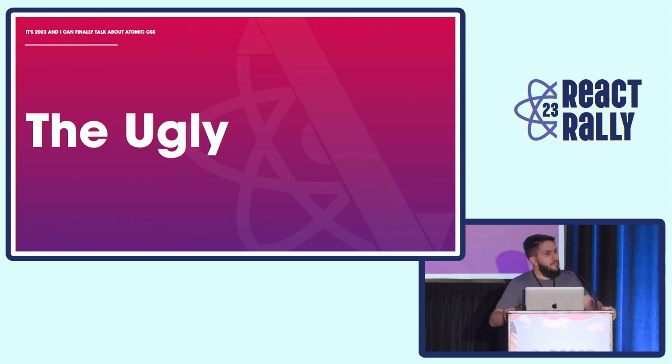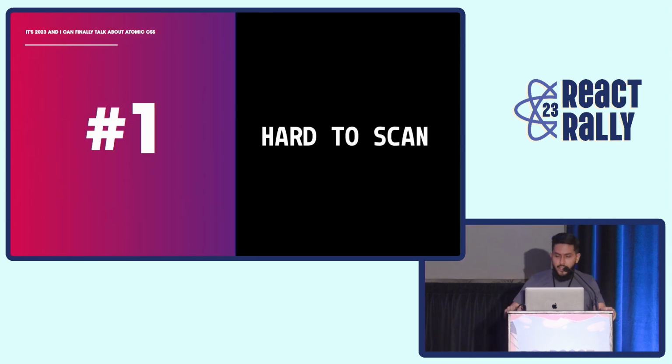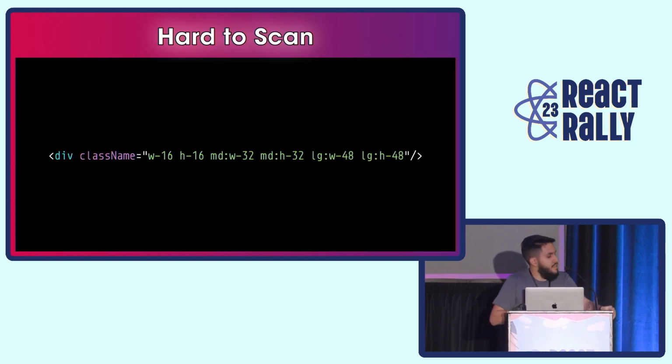Cool. So moving forward to the ugly, and yeah, I'm going to start with the cliche, the hard to scan thing. Let's start with this quick exercise. Let's say we have this div, and we have some styles here. And now I want to support tablet and mobile and so on.